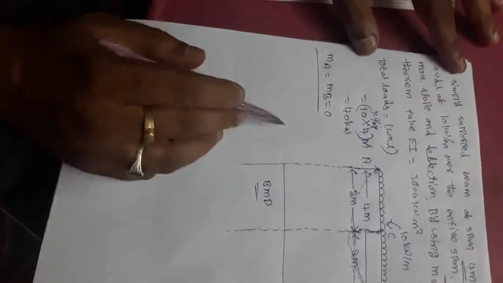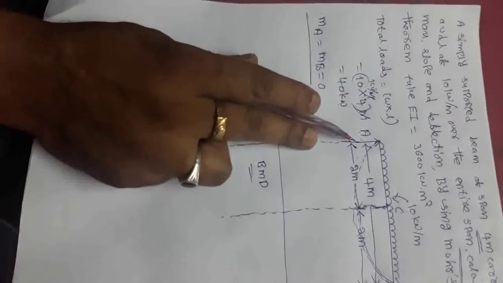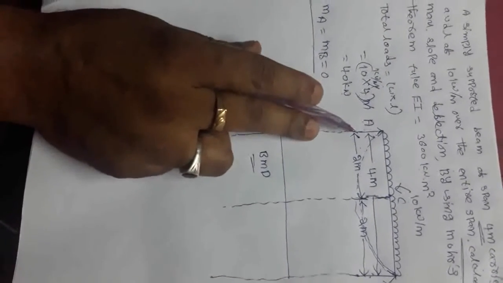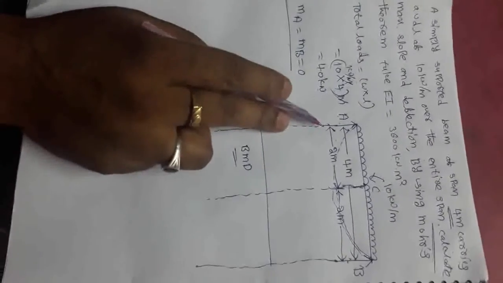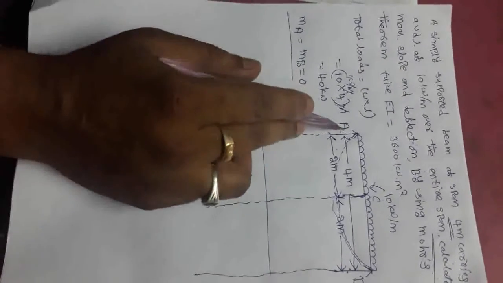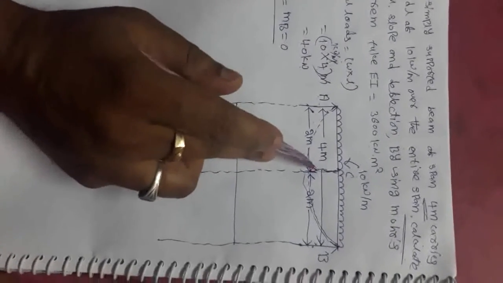The moment at the supports is 0, and the maximum deflection occurs at the middle portion for all simply supported beams. Here also you can assume the same diagram, that the maximum deflection occurs at the middle portion only.